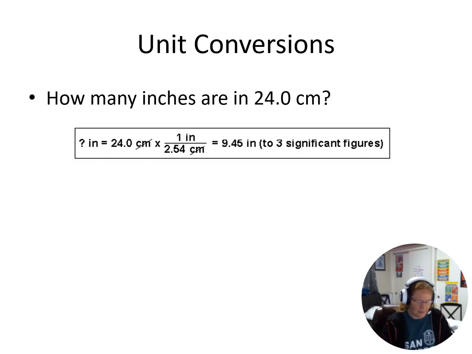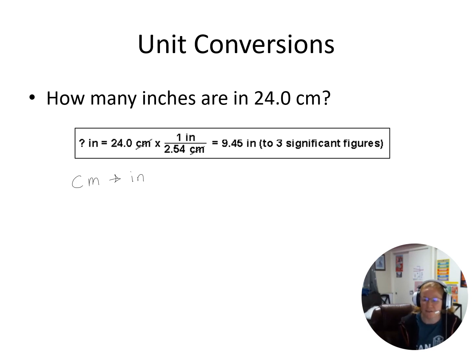Okay, so we can look here. All right, so we have 24.0 centimeters. So I have the calculation written here, but we're going to go over this. So 24.0 centimeters. I want inches. So I'm going to go from centimeters to inches. Okay.